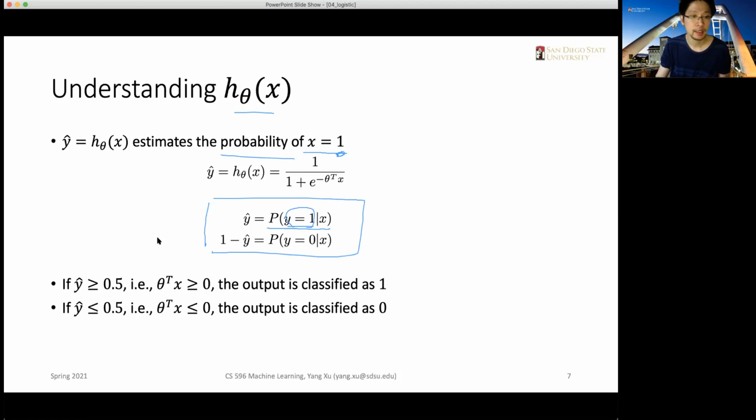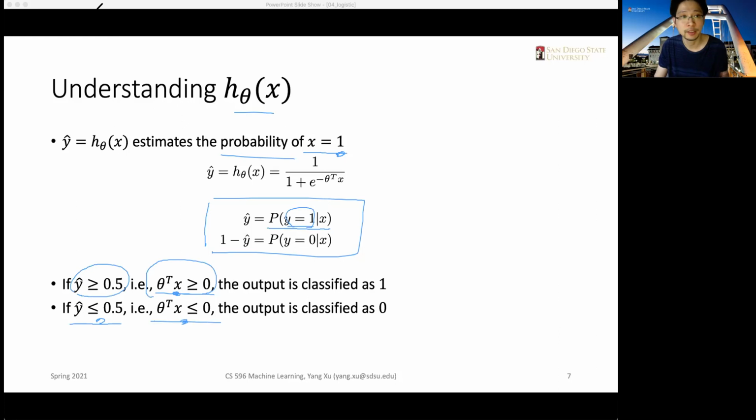And this above 0.5 probability actually corresponds to theta transpose times x greater than 0. And the probability below 0.5 corresponds to theta transpose times x smaller than 0.